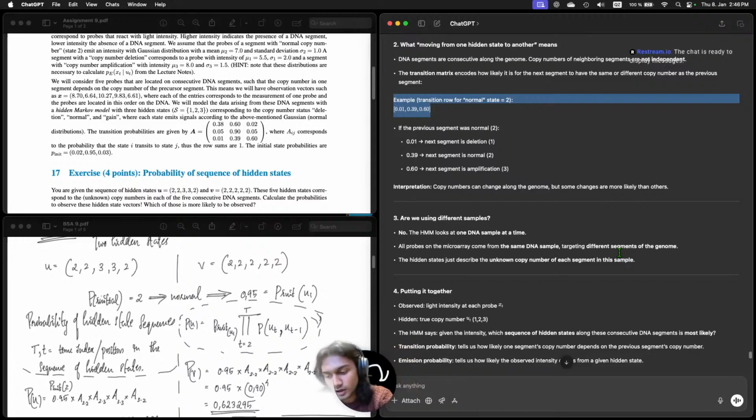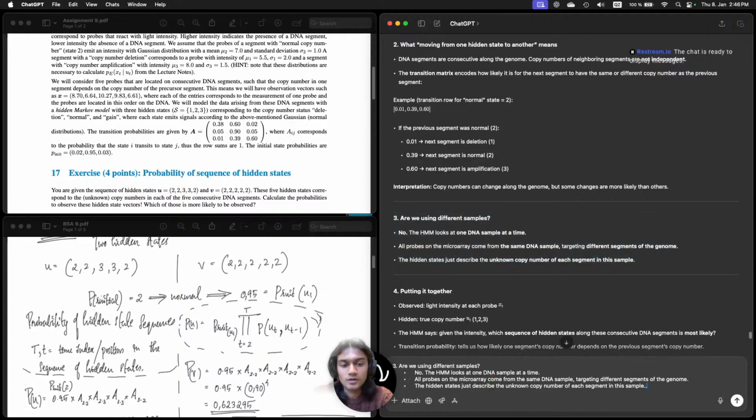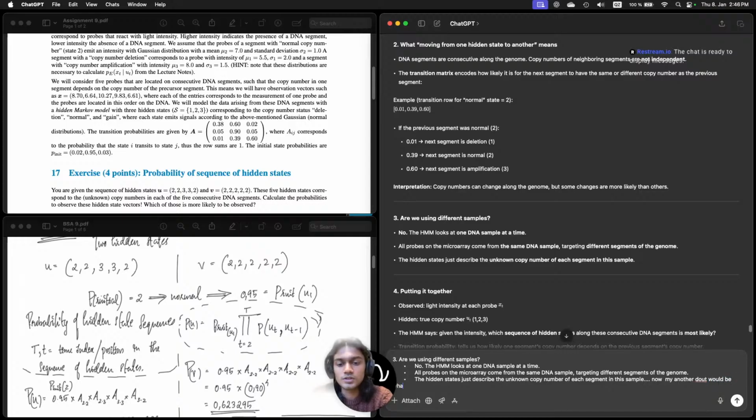Now my next doubt would be what is in the probe. Another doubt would be what's in the probe that makes these samples attach complementarily.